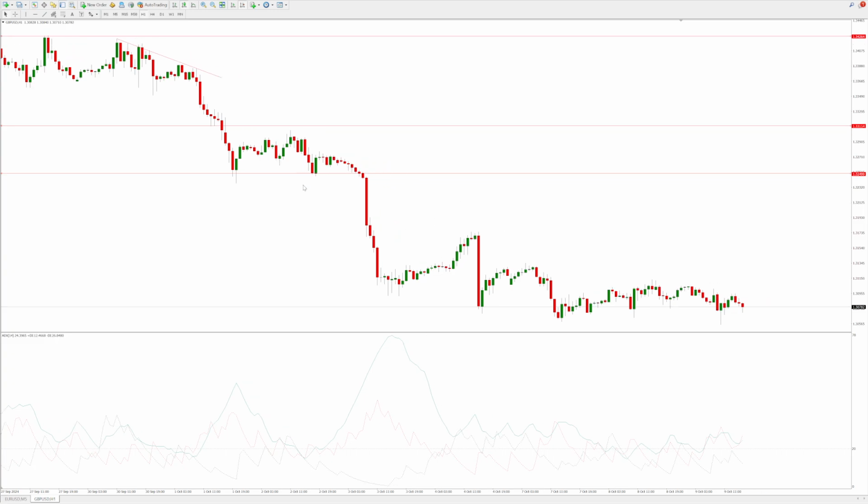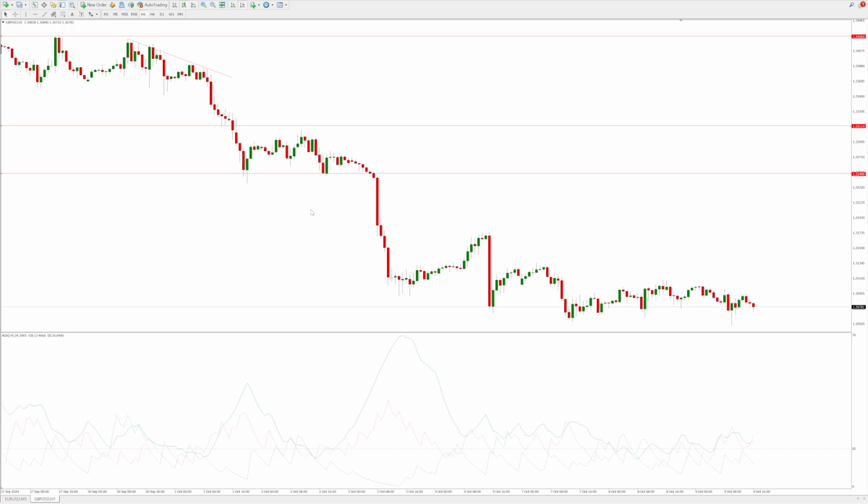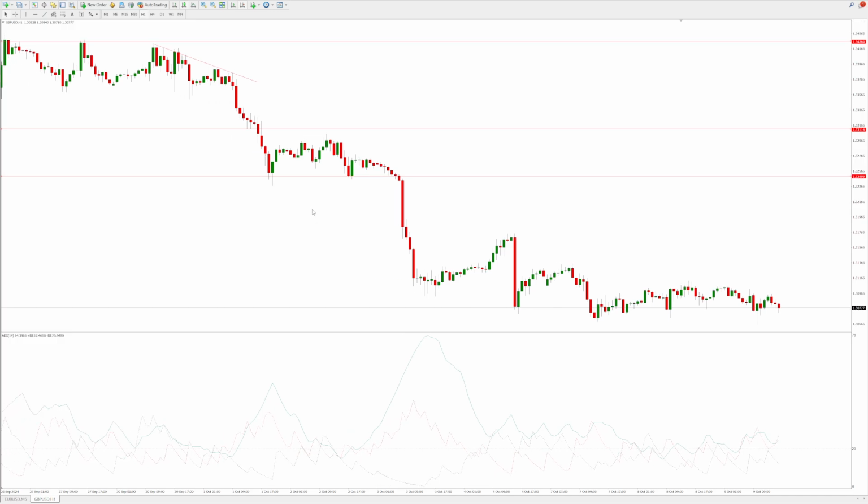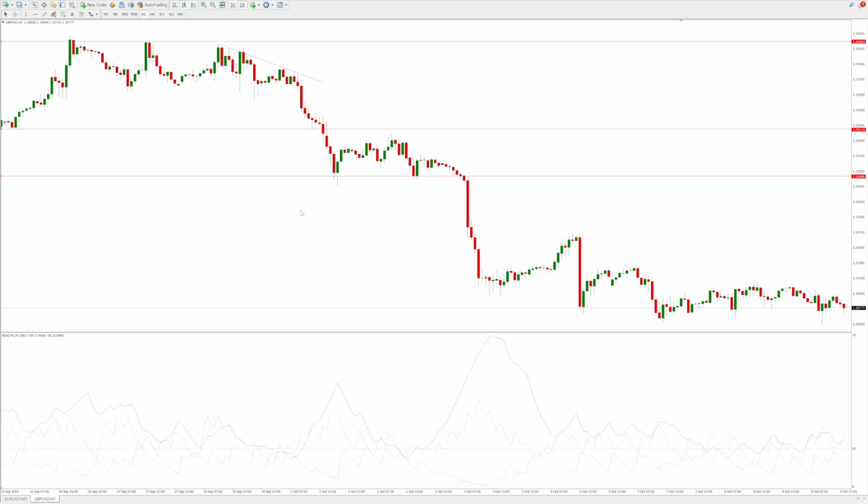Like I said, it's a 1 hour chart. You can catch some big moves on this time frame with this particular pattern.